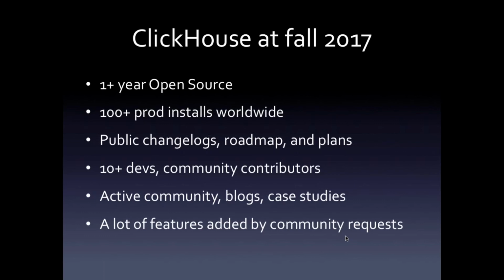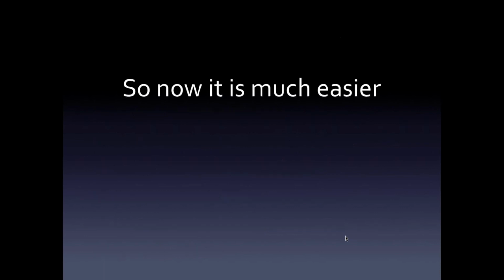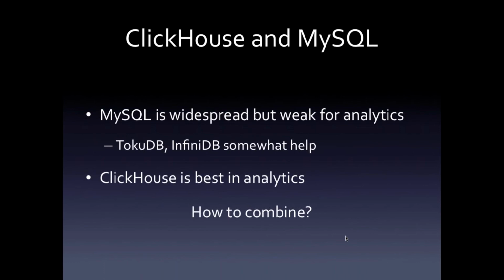A lot of features were added by community request by the Yandex team. And if you need support, there is support by Altinity. Overall, the situation is much, much better if you start a ClickHouse project today than it was when we started. So just try and you will find success.